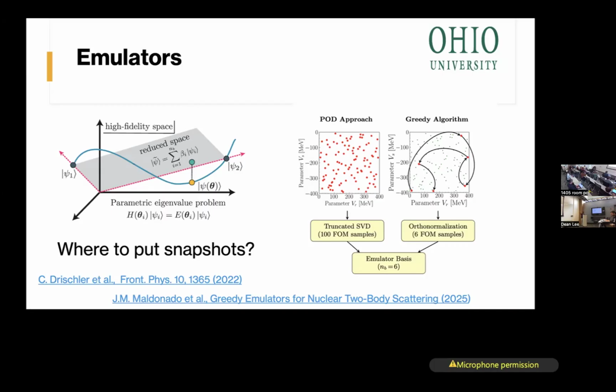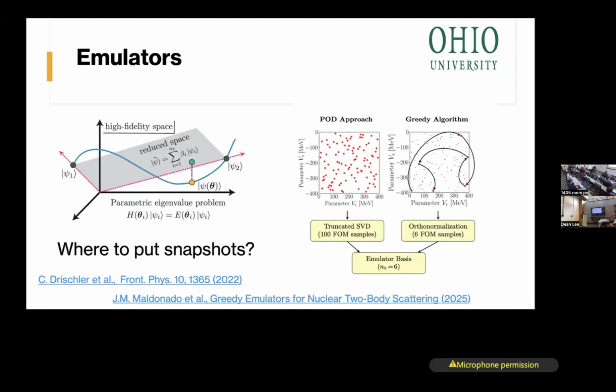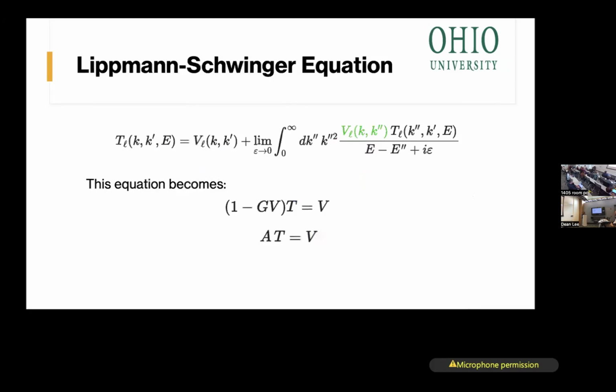You pick the point where the error is maximum, and you repeat that until you reach your desired tolerance for the emulator. This illustration is from Joss' paper, which was recently published. There are two types of greedy algorithm that I have used in my work, GROM and LSPG. I'll talk about those later.